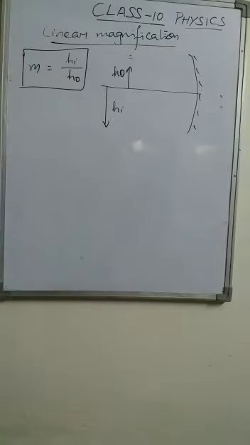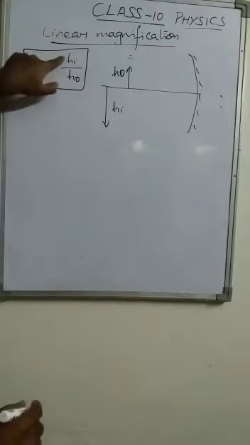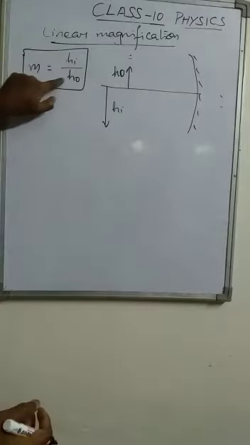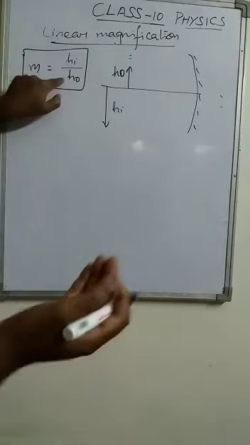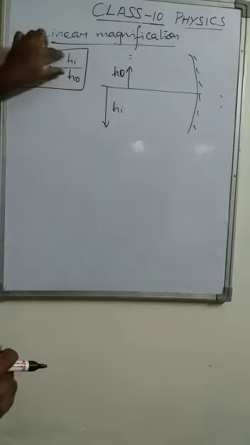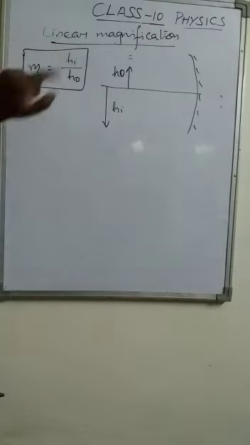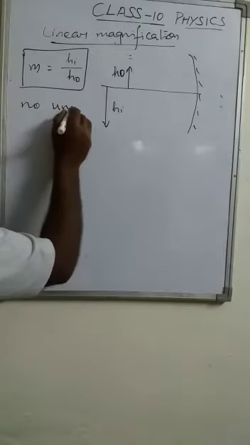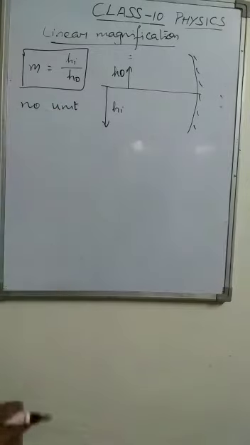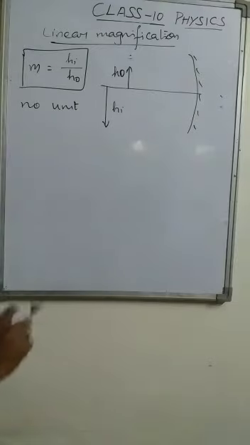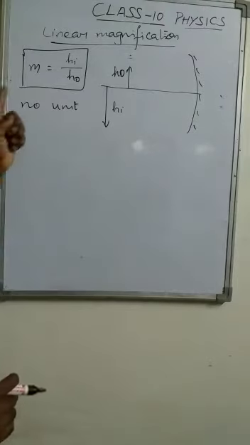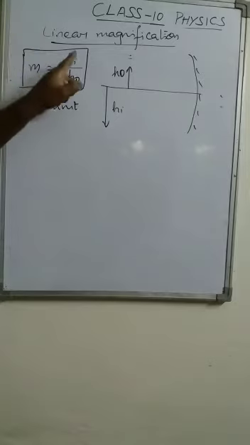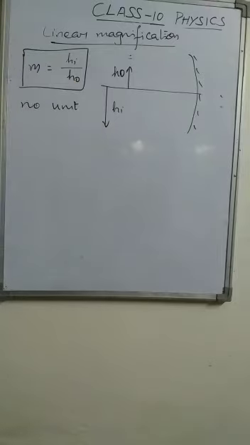Both are sizes measured in centimeter or any unit. In both numerator and denominator we have the same unit, so the magnification has no unit. It is just a pure number.